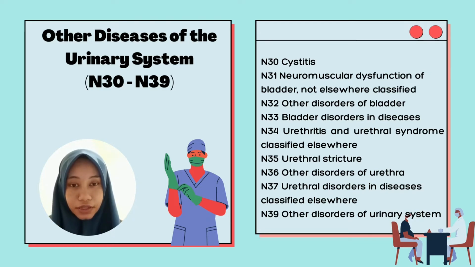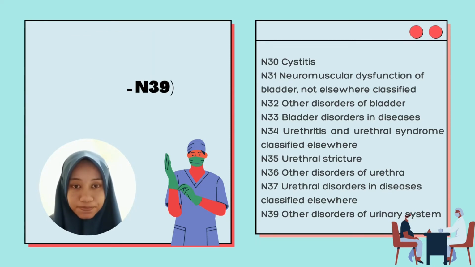For code N30, we have cystitis, and for N31, neuromuscular dysfunction of bladder, not elsewhere classified, for N32 other disorders of bladder, N33 bladder disorders in diseases classified elsewhere, N34 urethritis and urethral syndrome, and N35 we have urethral stricture, N36 other disorders of urethra, N37 urethral disorders in diseases classified elsewhere, and last but not least, N39 other disorders of urinary system.